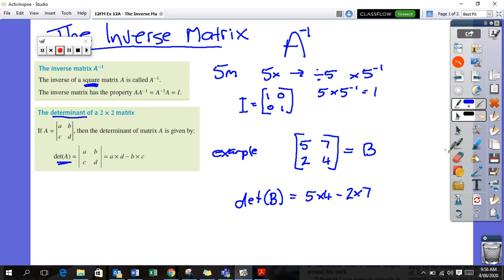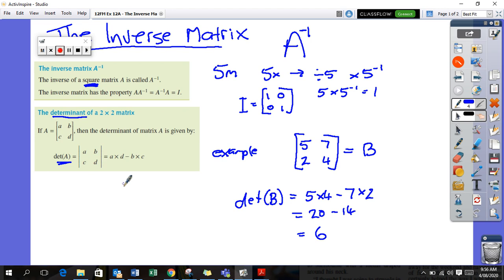I should have written it to be consistent. A times D minus B times C, which is just going to be 20 minus 14, and the determinant of B is 6.